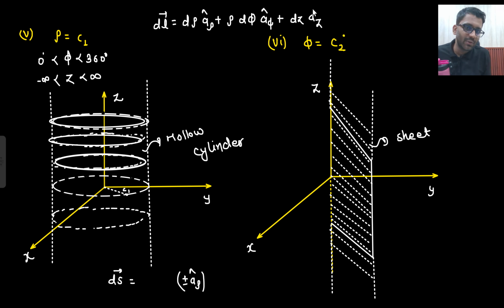In the last lecture I told you this thing. First you need to see the equation. Rho equals constant, that means my perpendicular vector will be in the rho direction, plus minus a rho cap. So forget about this, these two will come. So rho d phi dz. This will be my area vector.